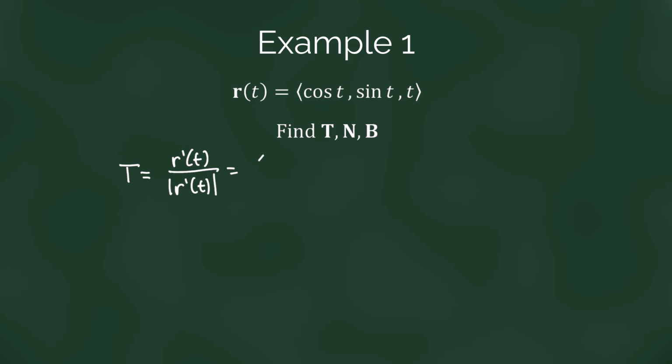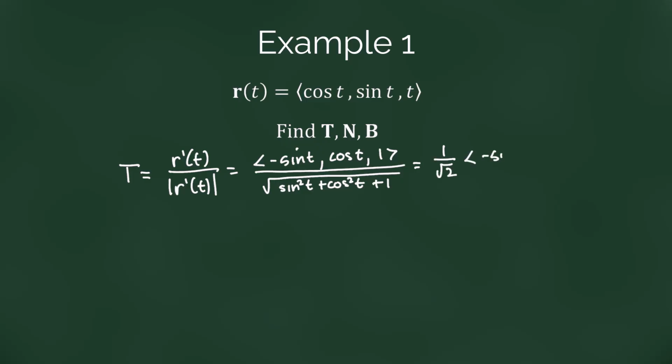Well, that is going to be the vector negative sine t, cosine t, 1 divided by the square root of sine squared of t plus cosine squared of t plus 1. So here we have the vector 1 over the square root of 2 times negative sine t, cosine t, 1.